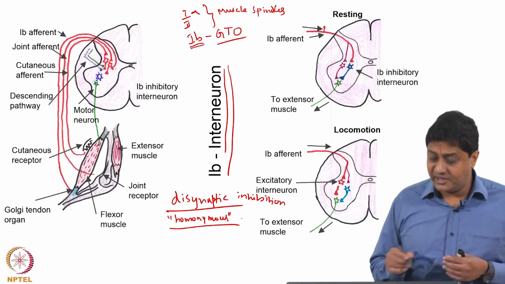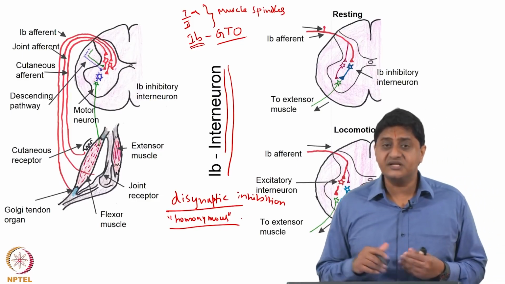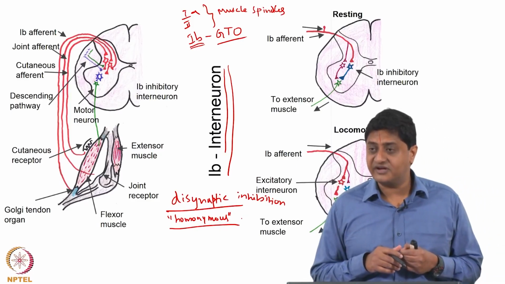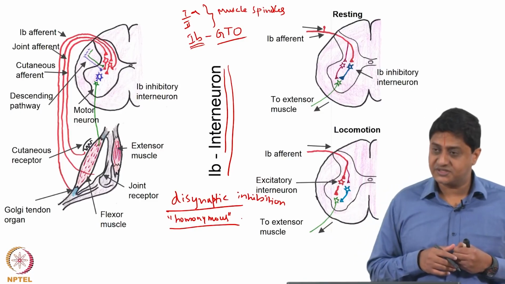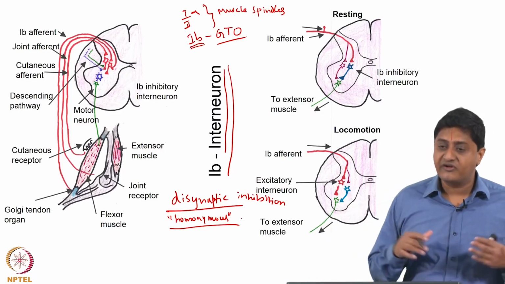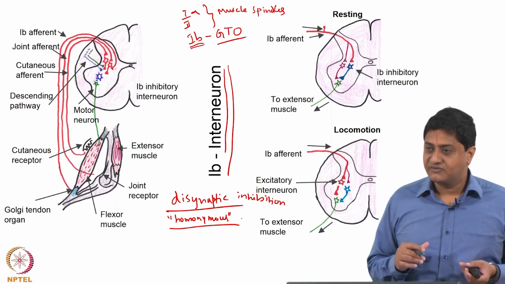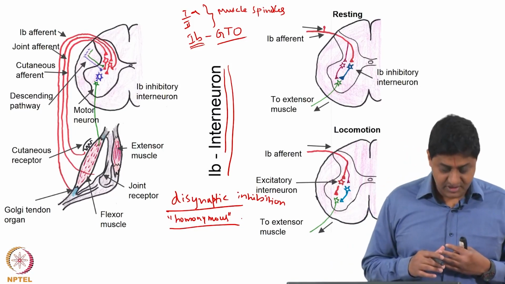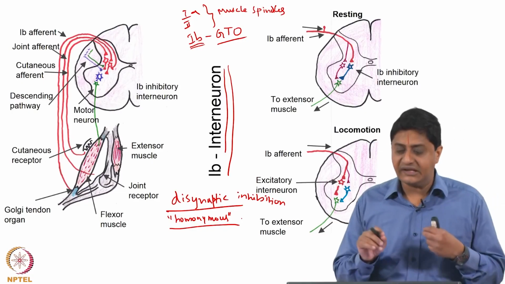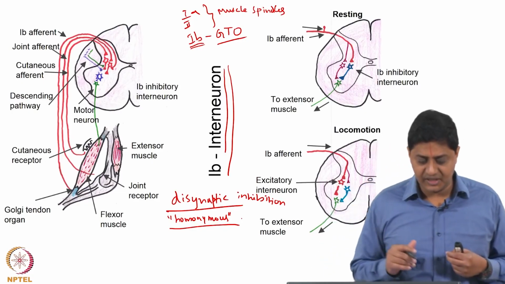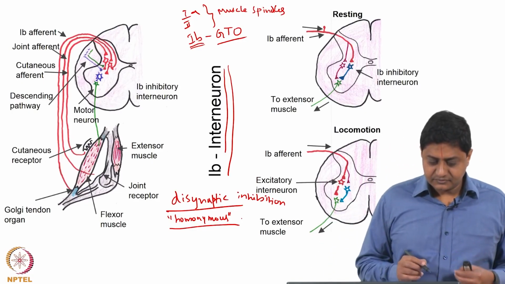But the 1B interneuron is receiving inputs not just from the 1B afferent but also from other sources. There is a great amount of convergence of information that comes from various other sources, leading to flexibility of responses. Please do read about this, okay.